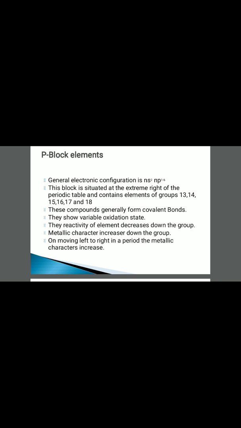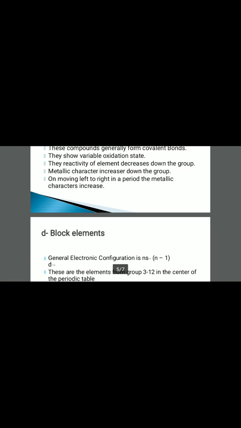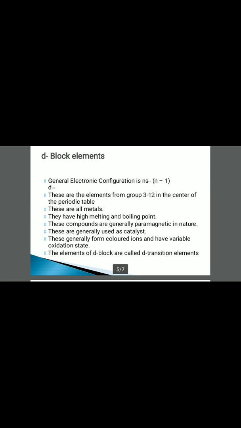Now what about the next block, D block elements? General electronic configuration of D block elements is (n-1)d1 to 10 ns0 to 2, where n varies from 4 to 7.